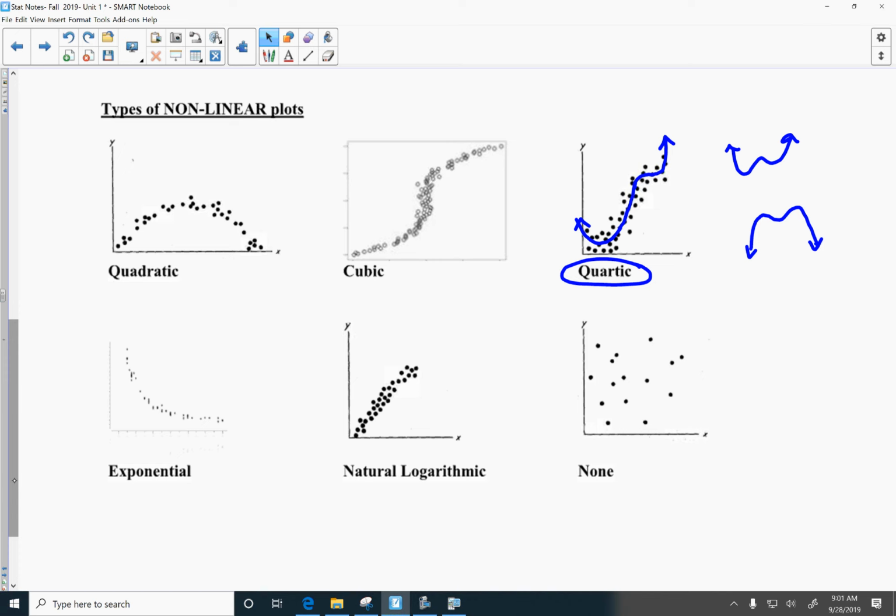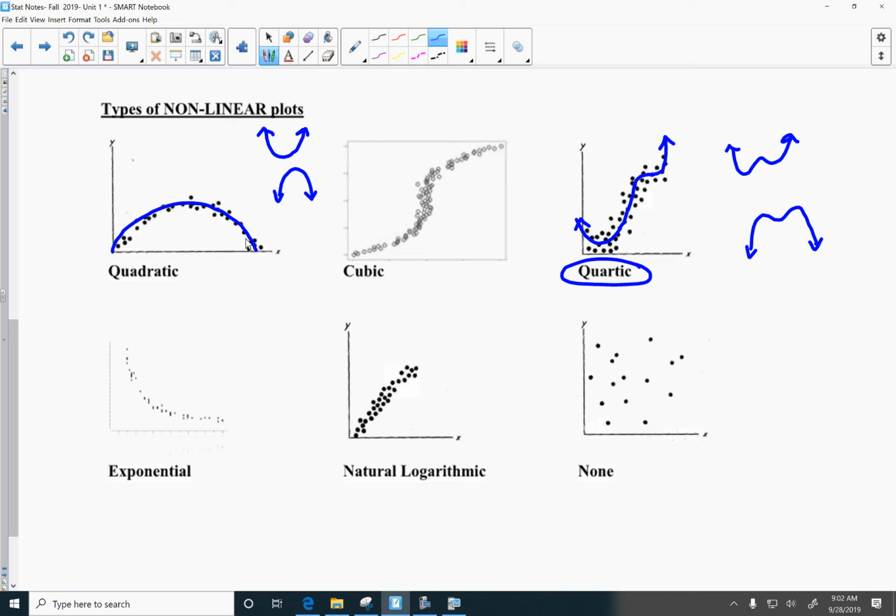So quadratic, I'll take it back from the beginning here. The quadratic function is your parabola. Just thinking back to algebra, trig, it's U-shaped or a reflection of that. I think that one's a little bit more obvious. There we go.